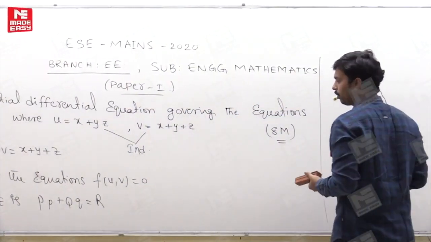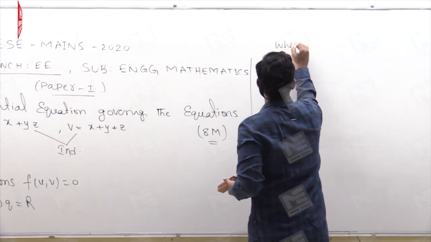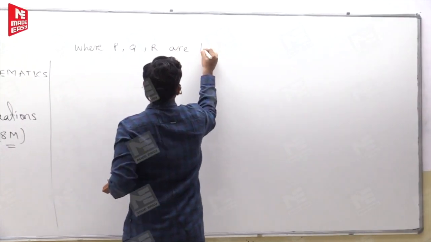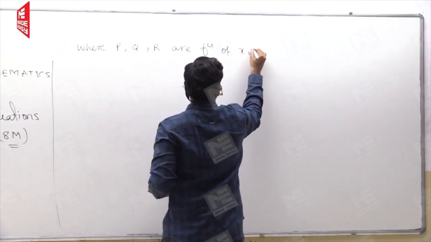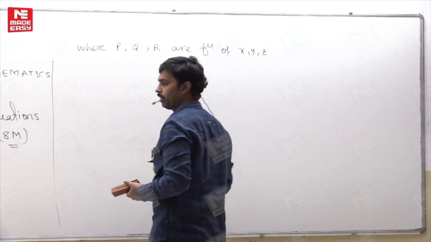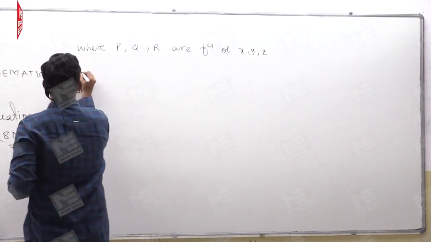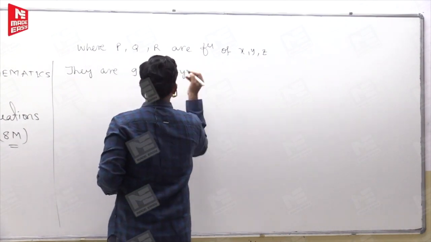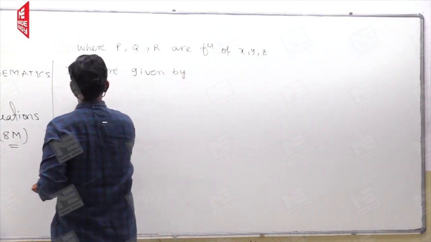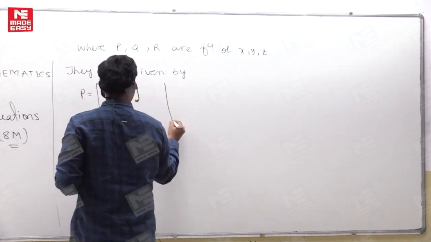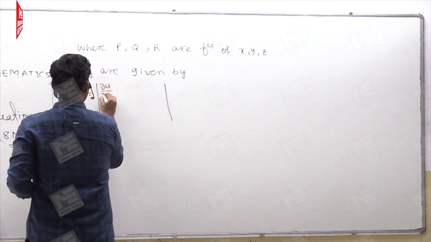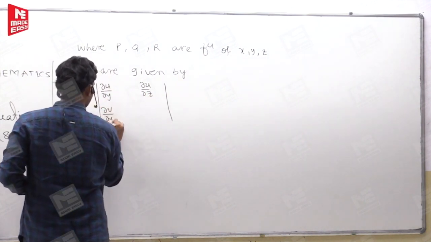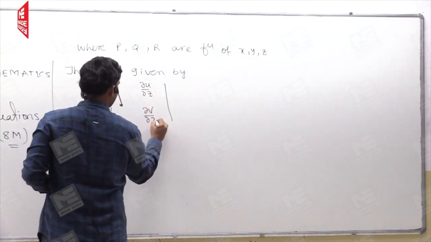Now I can say, where P, Q, R are functions of x, y, z, and they are given by P equal to the determinant of dou u by dou y, dou u by dou z, dou v by dou y, and dou v by dou z.